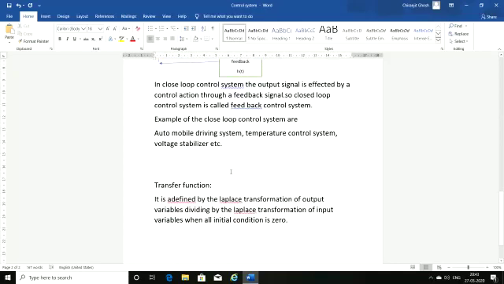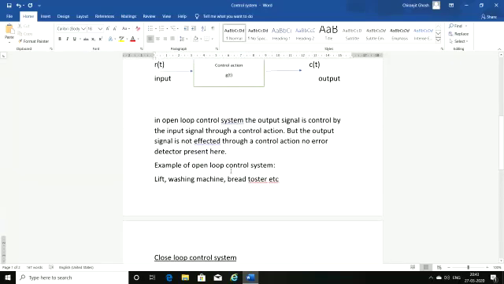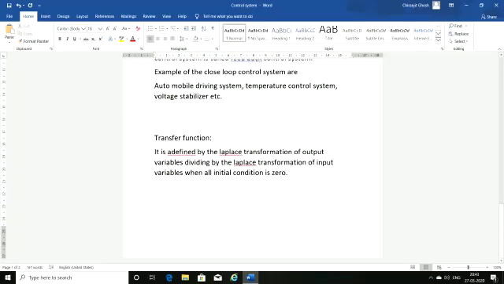So basically, how will the Laplace transformation of input and Laplace transformation of output be done? Basically, systems are of two types: number one, time domain system, and number two, frequency domain system.